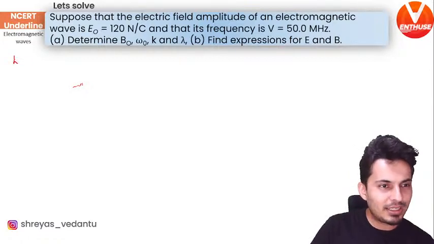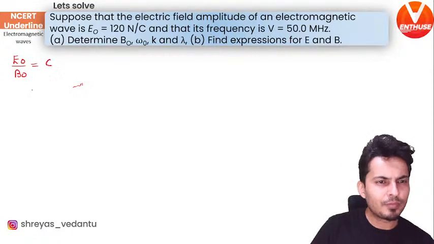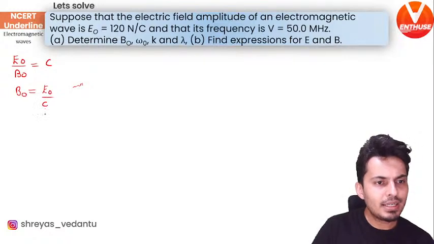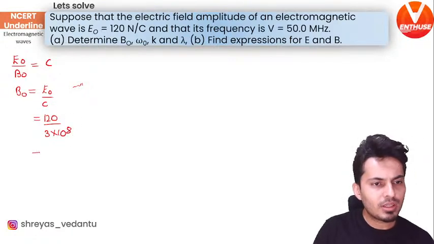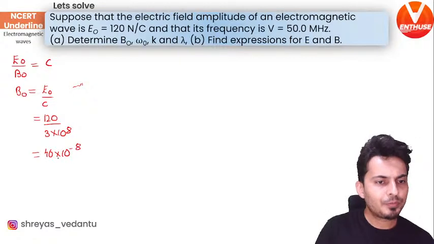So the first formula that I'm going to use is E naught by B naught is equal to C, and we want to find B naught. So B naught will be E naught by C. E naught is 120. C is 3 into 10 to the power 8. So this will be 40 into 10 to the power minus 8.